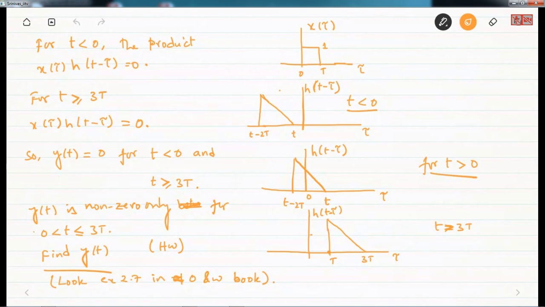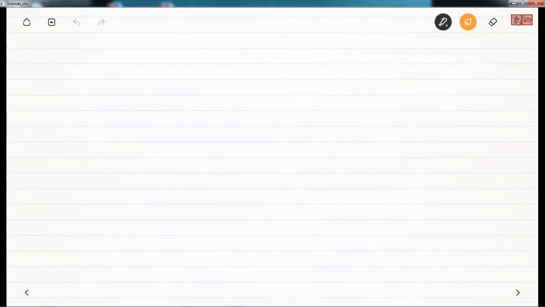So let's go to another example, the last example in this class. This example is also from Oppenheim and Willsky.